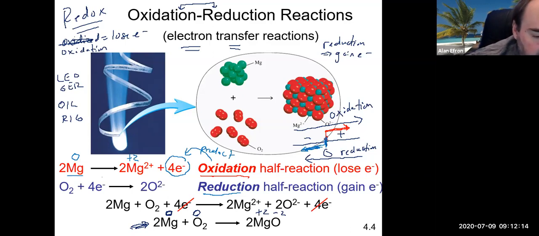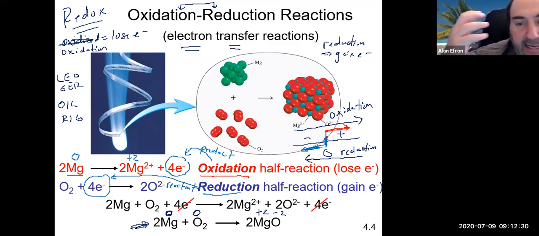And in the reduction half reaction, you see the electrons on the reactant side. And that indicates that it is a reduction reaction where it is gaining electrons. So the oxygen is gaining the electrons and forming that -2 charge on the product side.